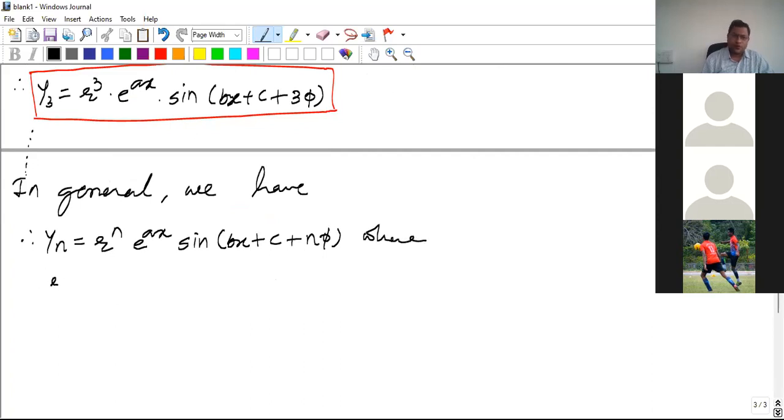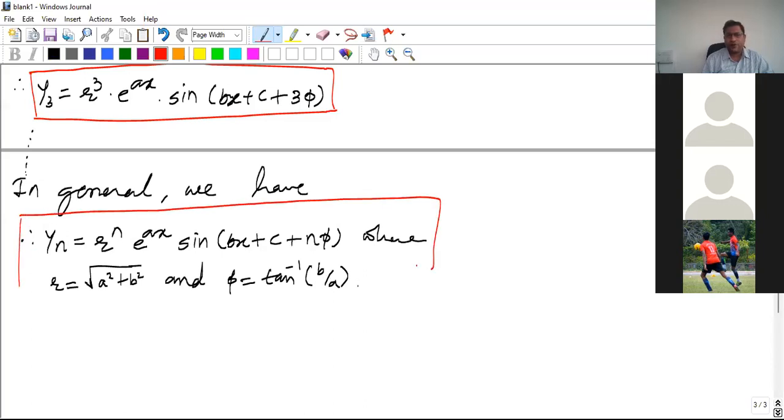Here r is equal to square root of a square plus b square, and phi is equal to tan inverse of b by a. So this is the nth derivative for y equal to e raised to ax into sine of bx plus c.